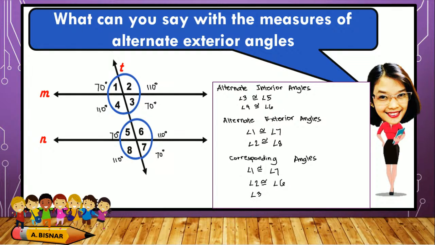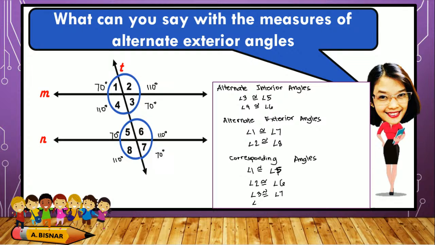Angle 3, wait. Mali ito. Angle 1 and angle 5. Angle 2 and angle 6. And then we have angle 3 and angle 7.